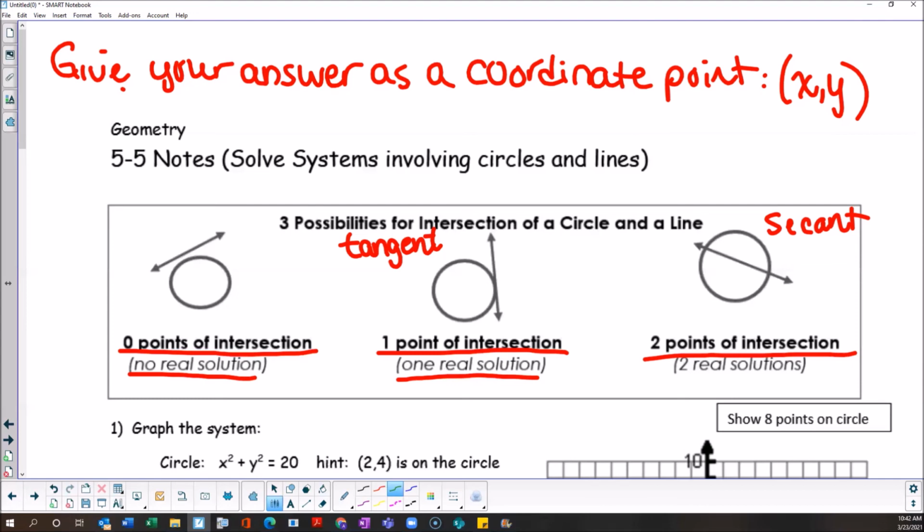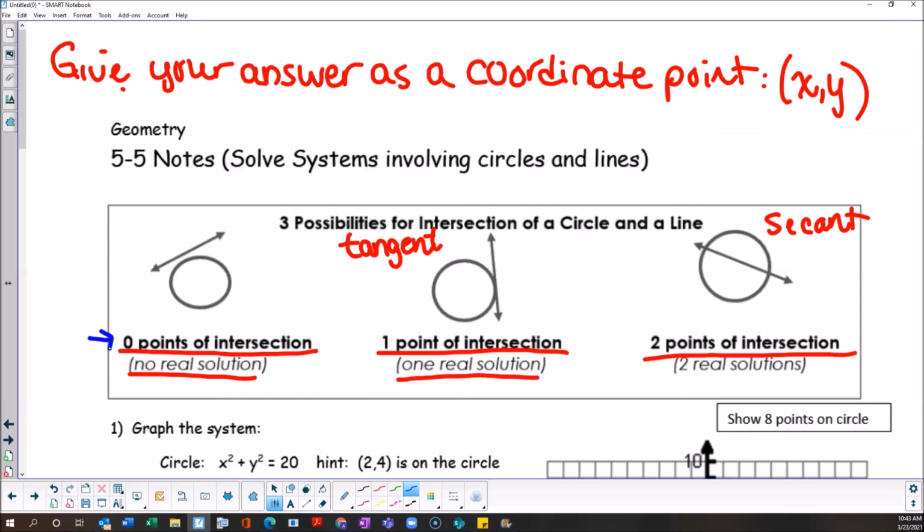So with circles, we have 3 different possibilities. We could have this first possibility where the line never intersects the circle. It never crosses, and so we would end up with no solutions.